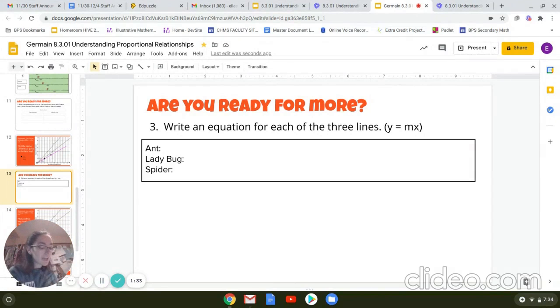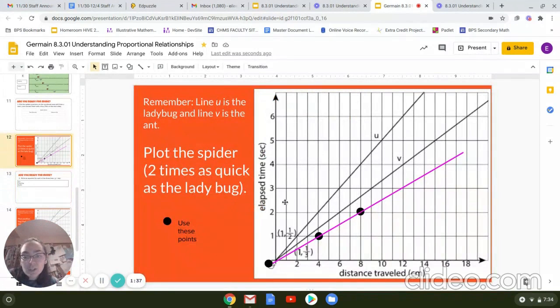So if we look at that equation here, let's talk about this ant first, because remember the ant is line V. Right? So if I want to find my slope triangle, for every one that I rise, a rise of 1 over a run of 3 to get to that point. So we're going to have a slope for this one of 1 over 3.